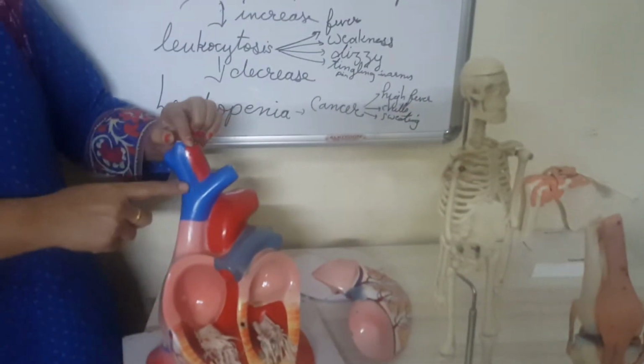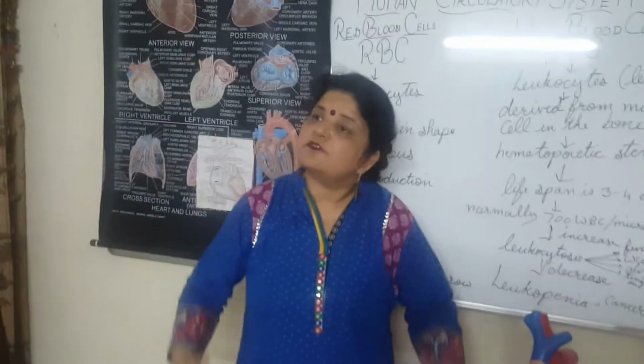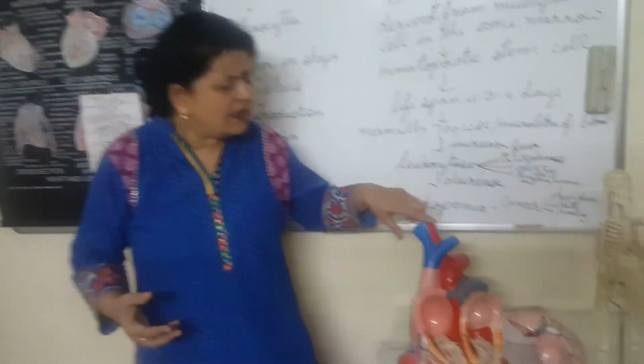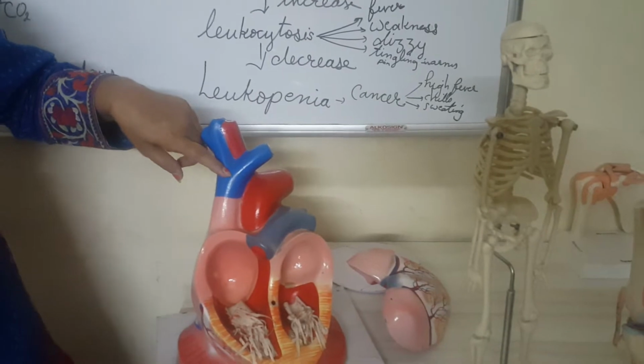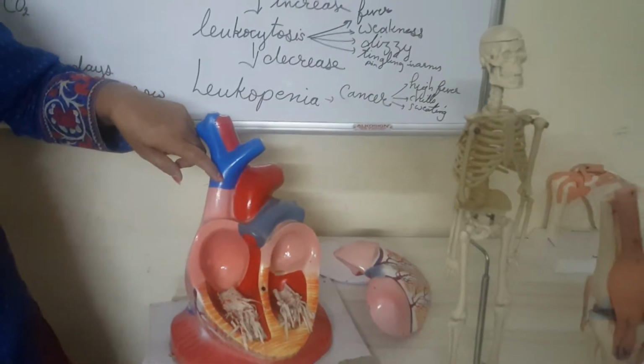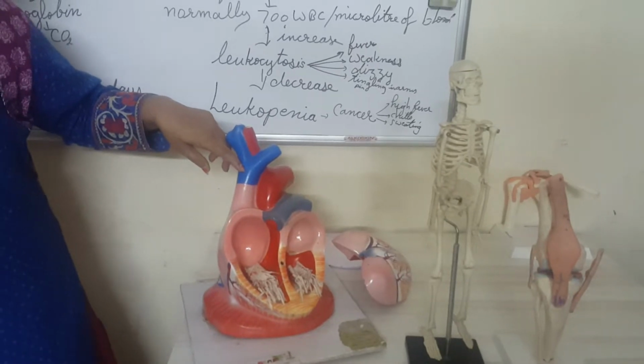This is your superior vena cava and you have an inferior vena cava as well. Now the superior vena cava collects the blood from the top part of the body and the inferior vena cava collects the blood from the lower part of the body. Here I am talking about the blood which is impure, which is blue in color, which is rich in carbon dioxide.